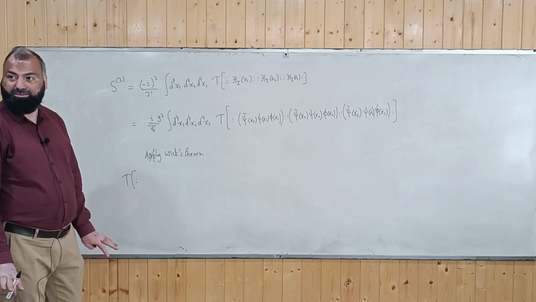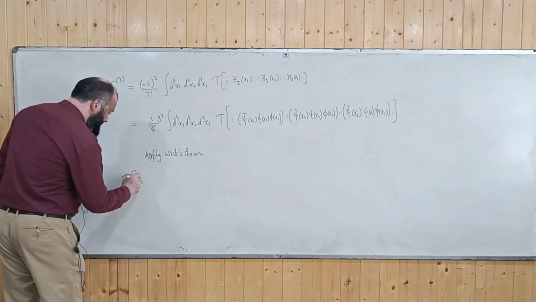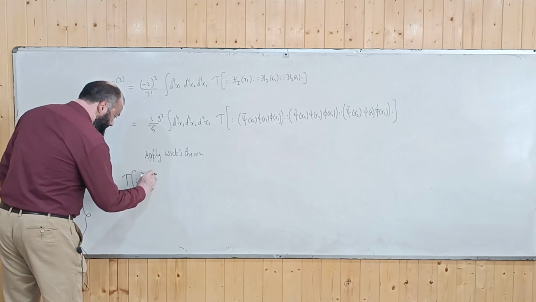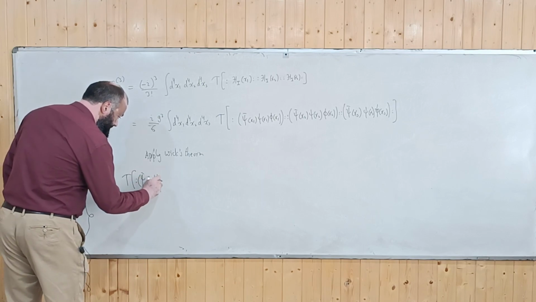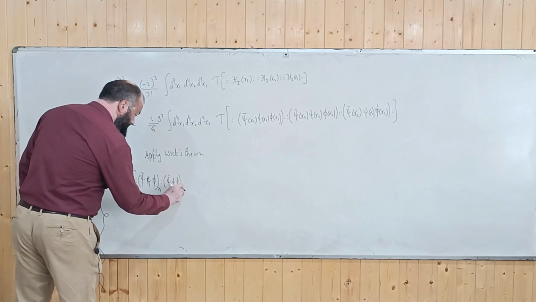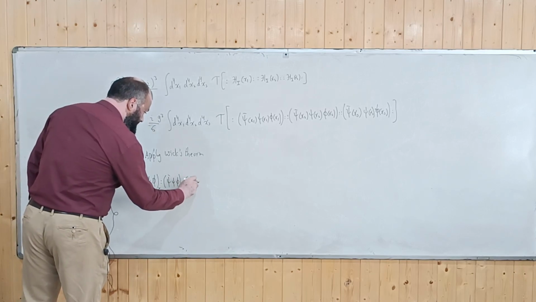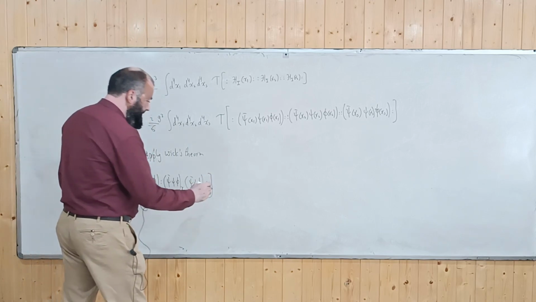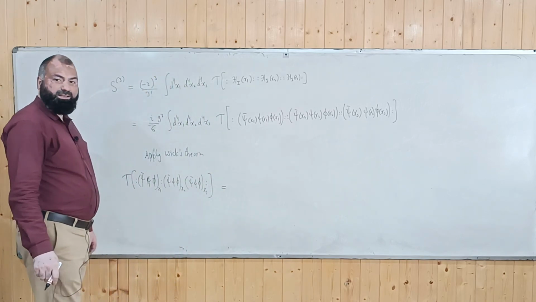What do you keep 3 for? The process. So okay, it will be something like psi bar psi phi. Let me write psi bar psi phi at x1, then psi bar psi phi at x2, psi bar psi phi at x3. Clear? So it means I need to take the contractions.